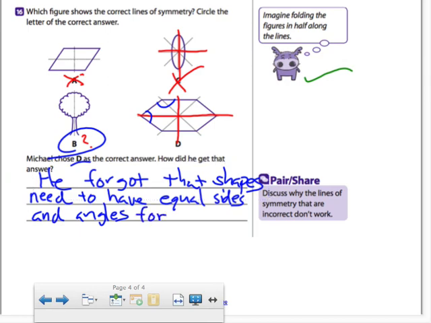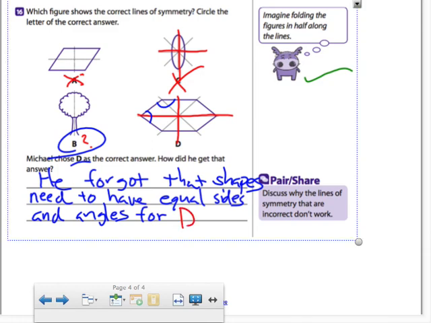They have to have them for diagonal lines of symmetry.